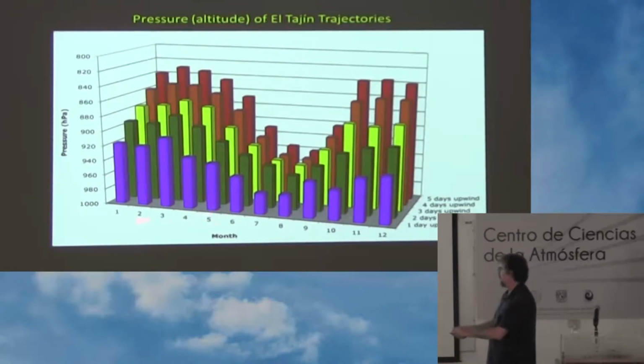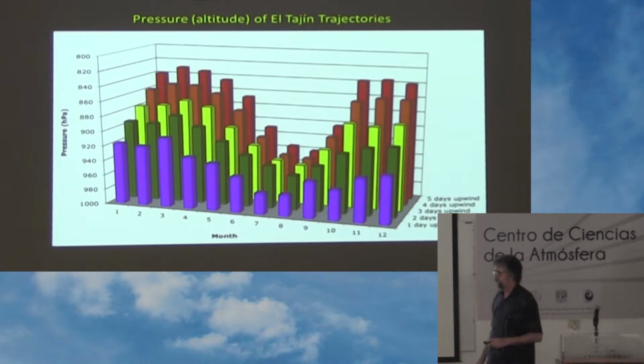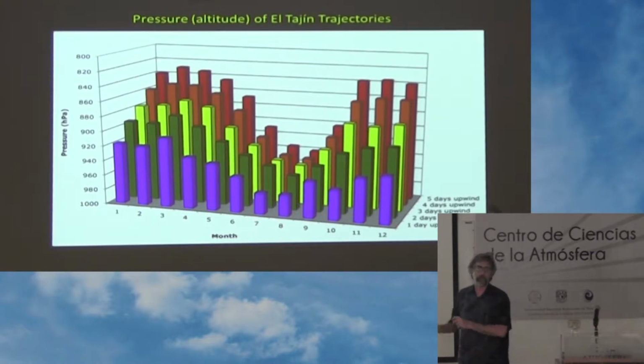So in this graph we have the months here, and this is altitude. Well, I'm a meteorologist, I always think about pressure rather than altitude, but essentially it is altitude. And these bars represent 1 day upwind, and then 2 days upwind, 3 days upwind, etc. So remember, in June, July, and August, the winds were exclusively from the east.